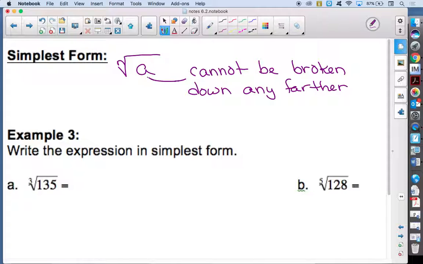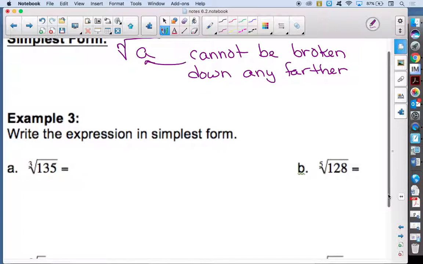So this number right here, you can't break down into like the square root of 4 and the square root of 5 if I was dealing with the square root of 20. That's when something's in simplest form. So it's all the way broken down, you can't break it down any more than it is.